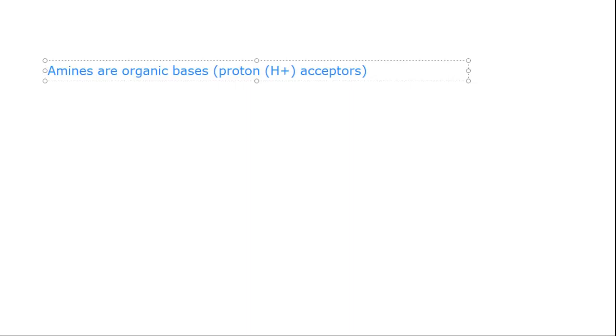Proton acceptors. Because amines are bases, they like to react with what? Anyone? Acids, yes.